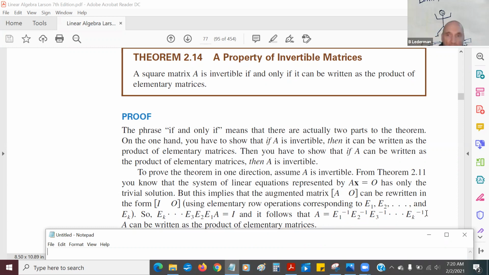So A is now equal to the product of elementary matrices, because we already showed in the previous video that the inverse of an elementary matrix is an elementary matrix.